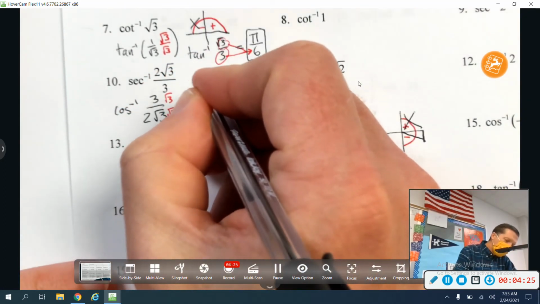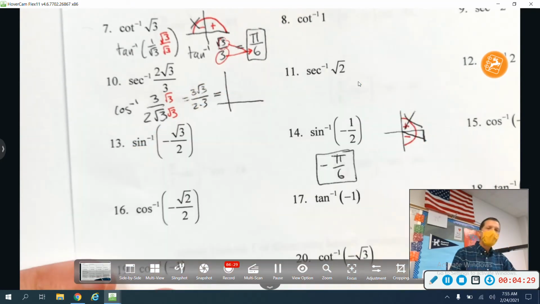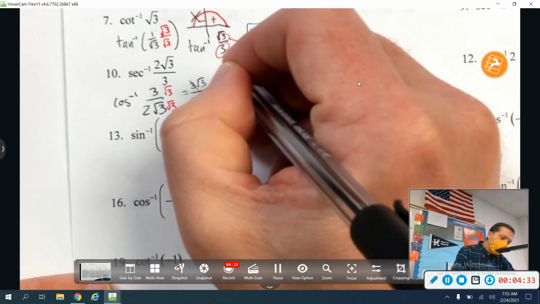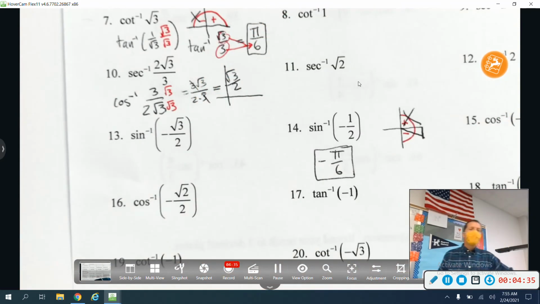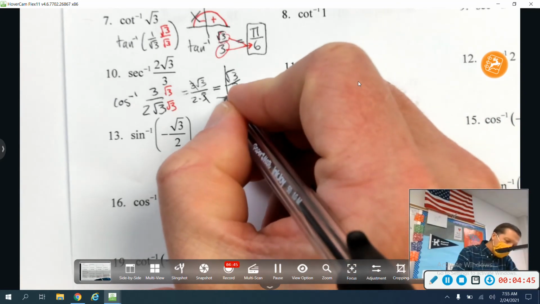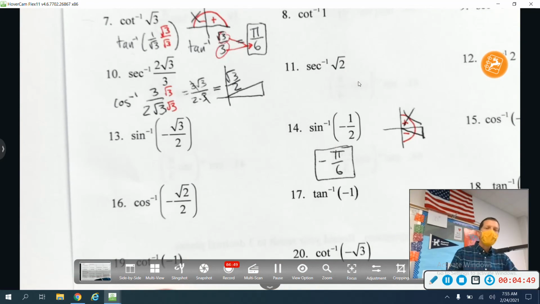So 3 root 3 over 2 times 3. 3's cancel, and I get root 3 over 2. That does look like a unit circle value. So if the cosine is root 3 over 2, and cosine is the x-coordinate, this is the long side, so I want the triangle to have a longer x. Well, that's got to be pi over 6.